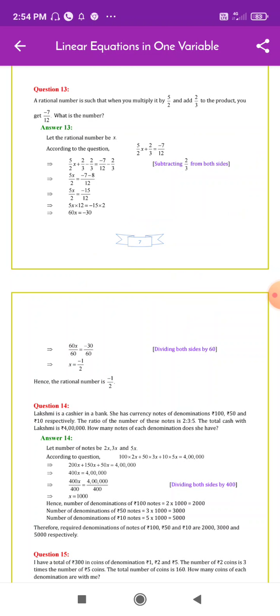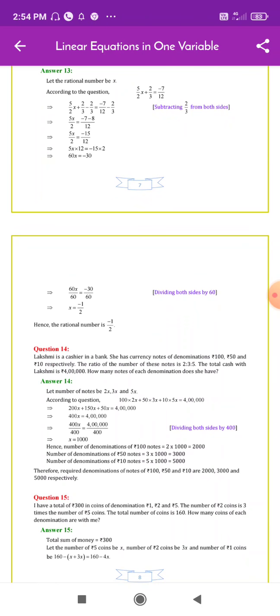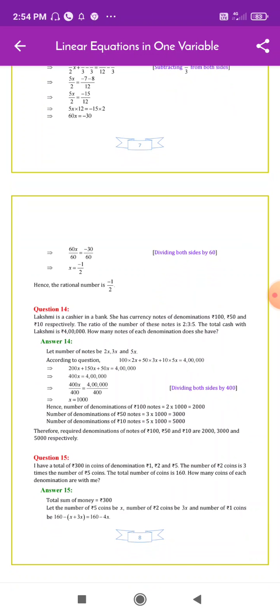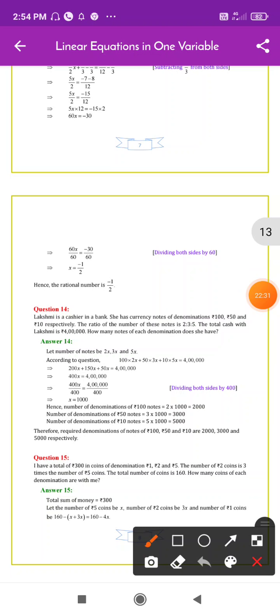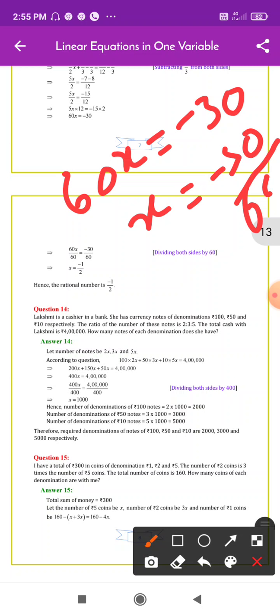Have you understood? So cross multiplication will give the answer 60x equals minus 30. If we are going to shift this number, 60x equals minus 30 is given, so x equals minus 30/60.